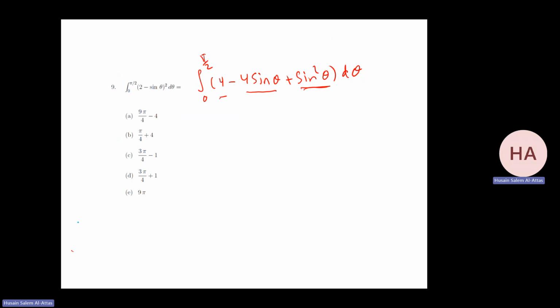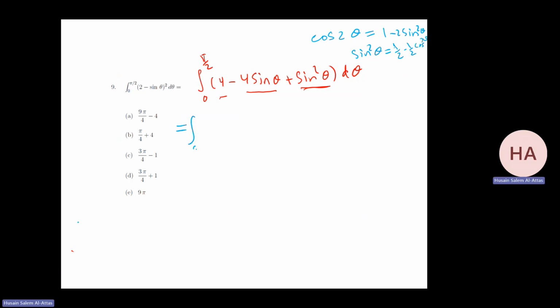I need to use this trick, which is cosine 2 theta equals 1 minus 2 sine square theta. In other words, sine square theta is, taking this to the other side, half minus half cosine 2 theta.